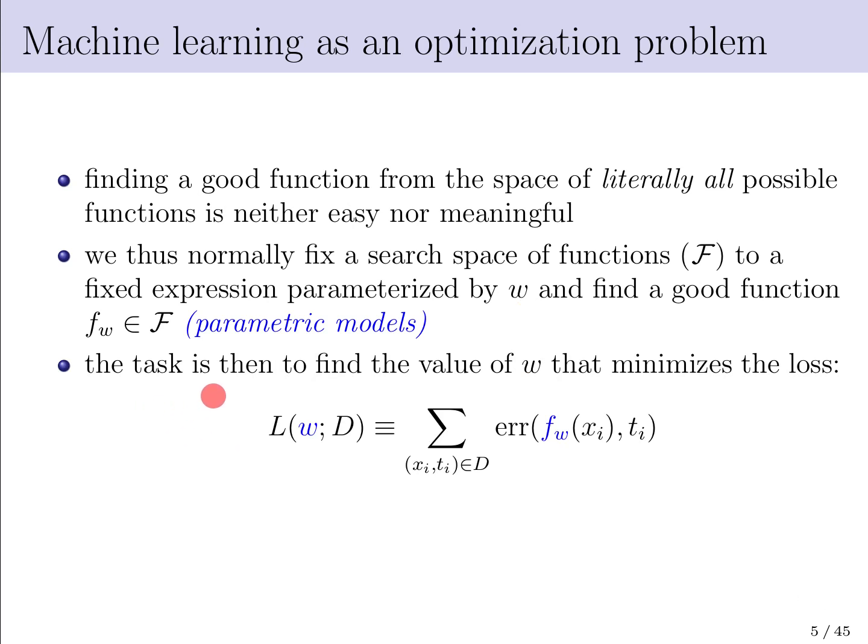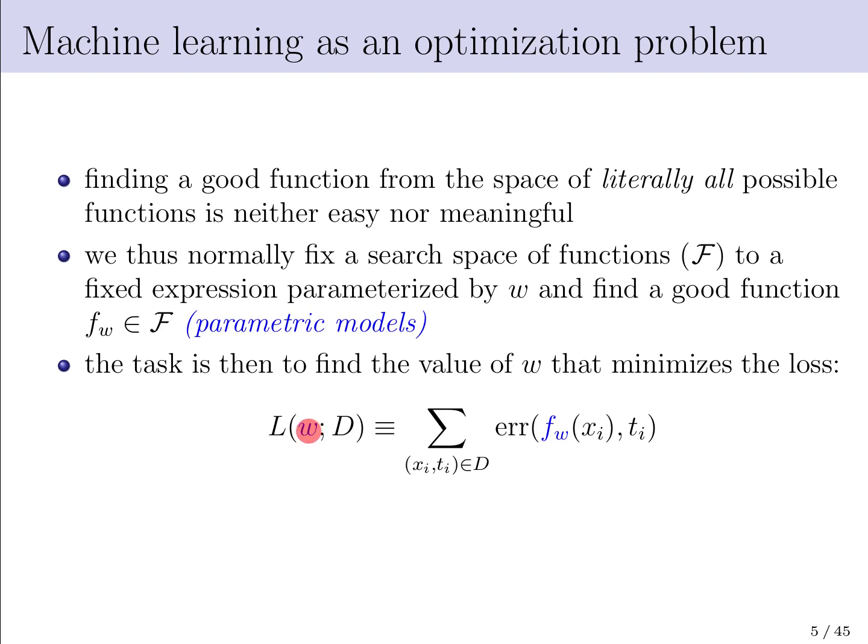So the task is then to find the value of w, the parameters, that minimizes the loss. This is a slightly different formulation, but conceptually it's very similar to what I have just described in the last slide. The only difference is that this part is not an arbitrary function.